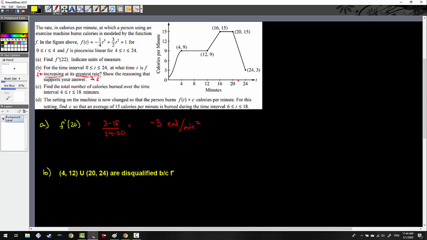I'm going to write that out because I can't do that in math type here. f prime is less than or equal to 0 at those points in time. So I don't even need to worry about those, because I want to look at calories burning, the increasing parts of the function. Oh, and I totally forgot an interval there. I meant also 16 to 20. Totally forgot about that one. So really, I only need to look at the increasing portions of the graph. So I'm only going to consider from 0 to 4 and from 12 to 16.